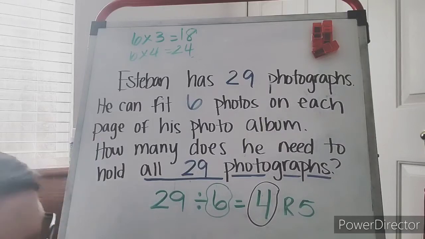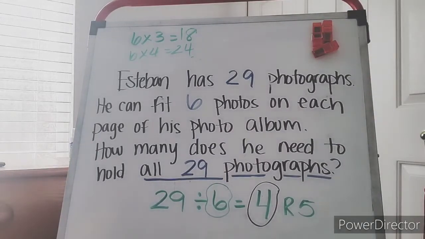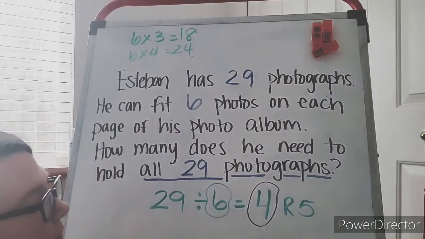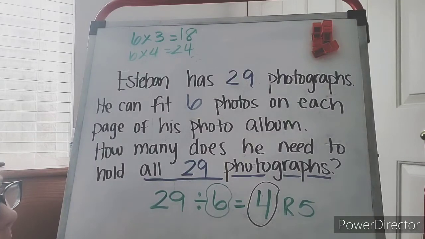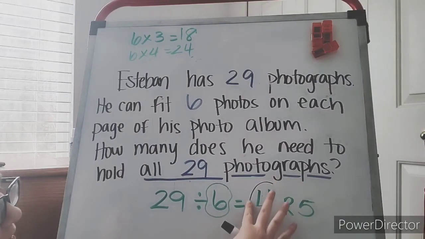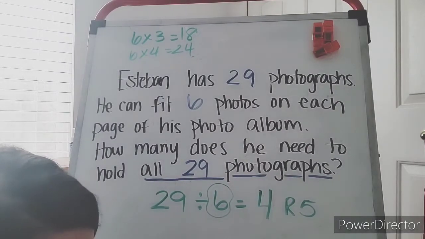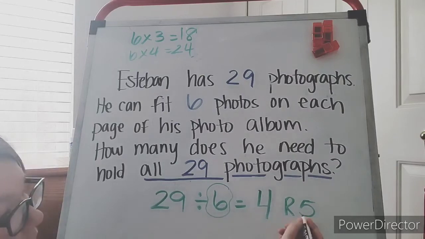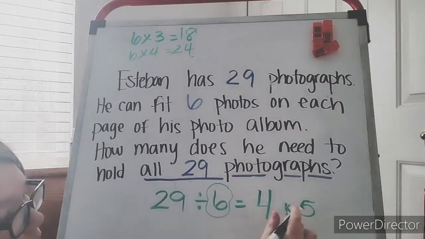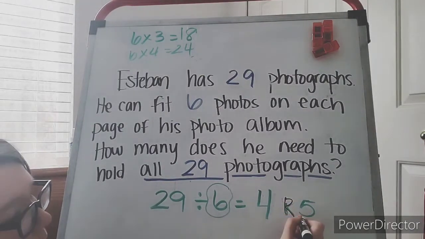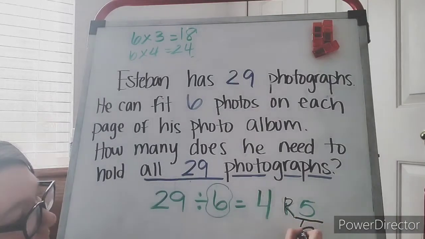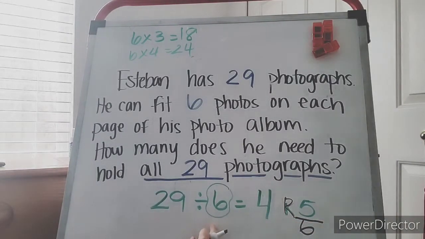With our very first problem with the sticks of gum, we put our remainder in a fraction. So we could do that here. We could put our remainder into a fraction, because we have our numerator, 5, which represents the remainder, and then we put it over 6. 6 is how many photos we need all together on one page.